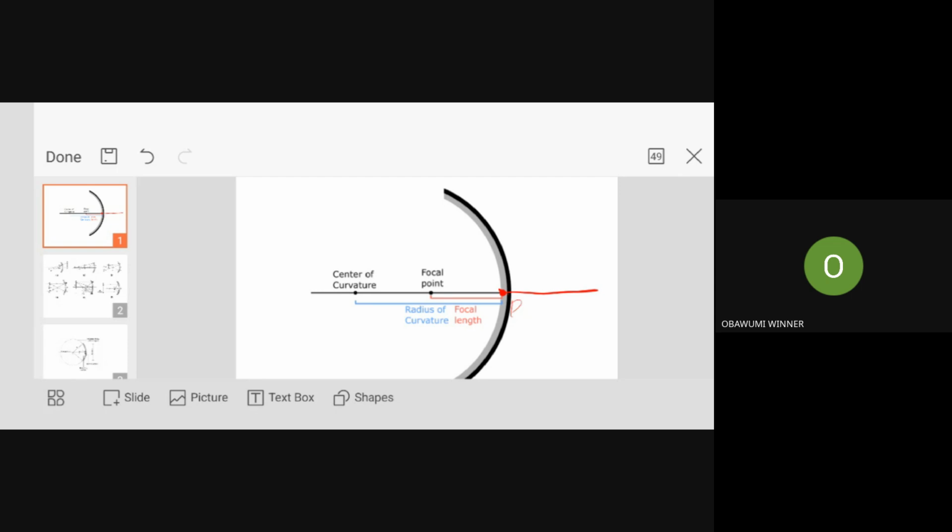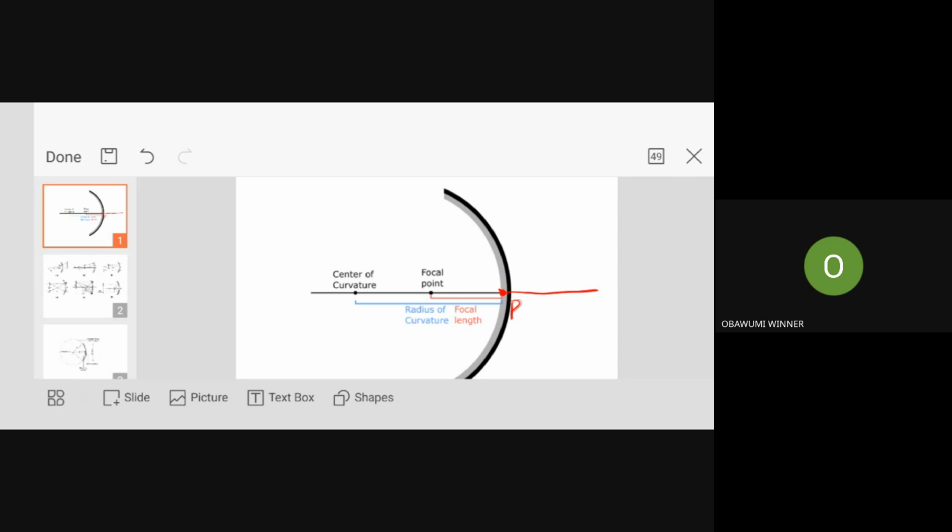The pole is simply the center of the reflecting surface of a concave mirror. Don't forget that. The center of the reflecting surface of a concave mirror is called the pole. And that's exactly why the point I labeled, I just made thick in red ink.